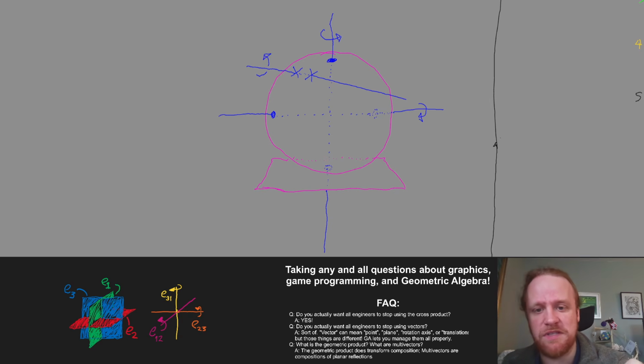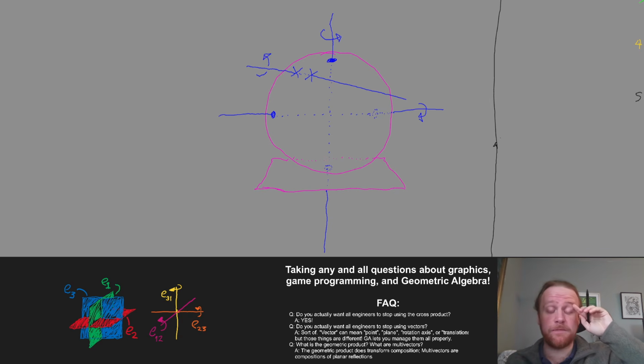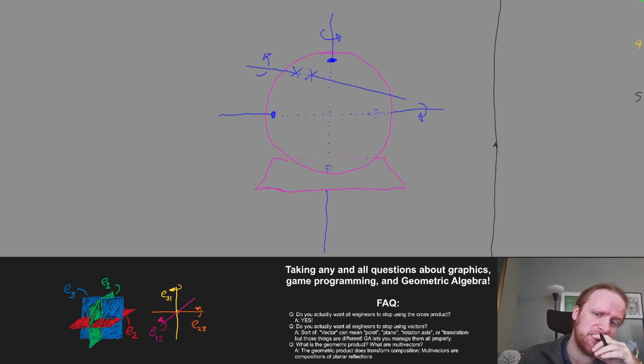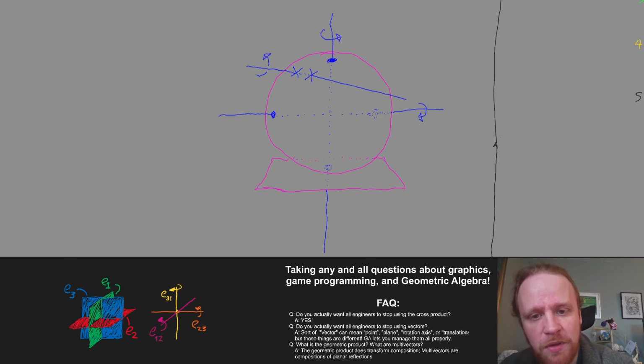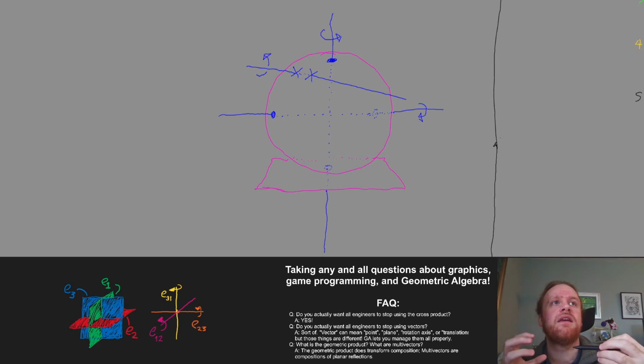So what happens if you try to do a rotation around this line? The answer is that things will bunch up, such that they stay inside the sphere.